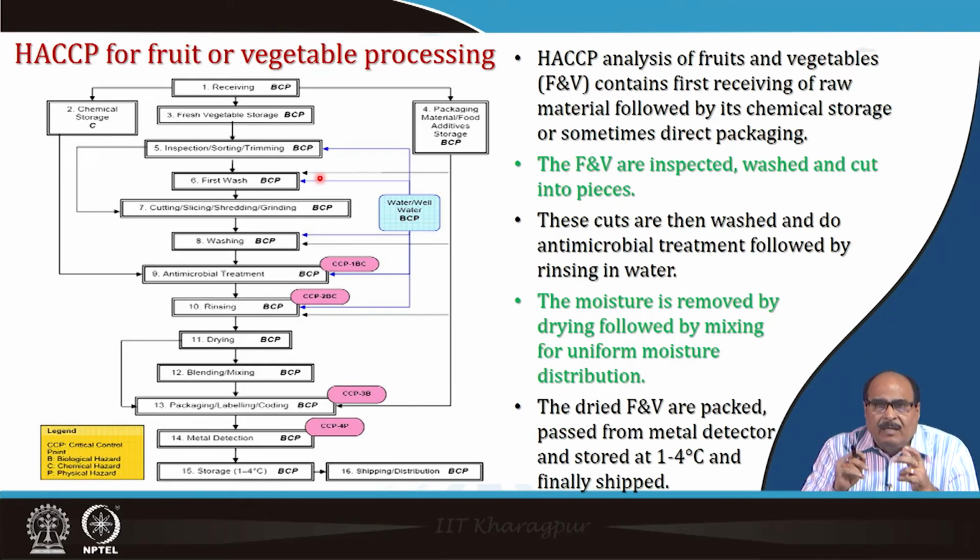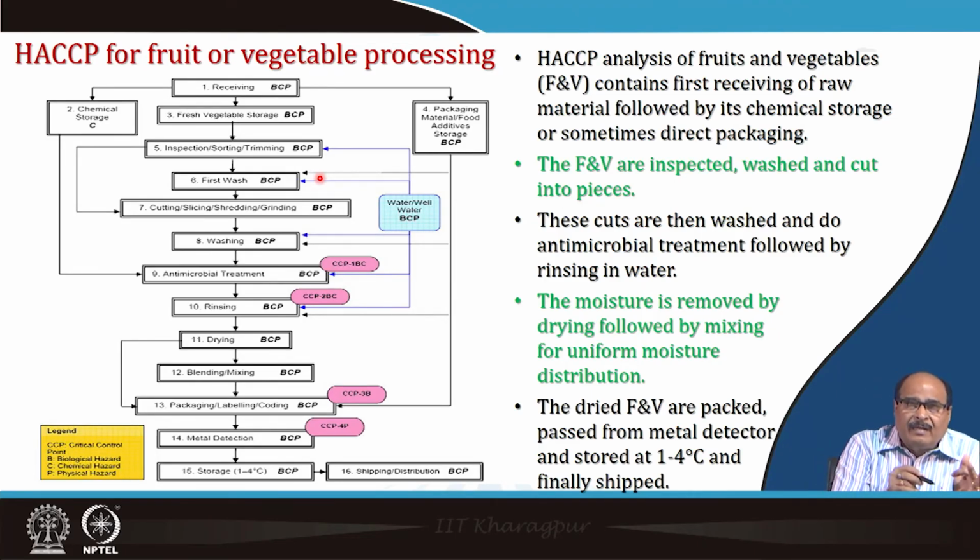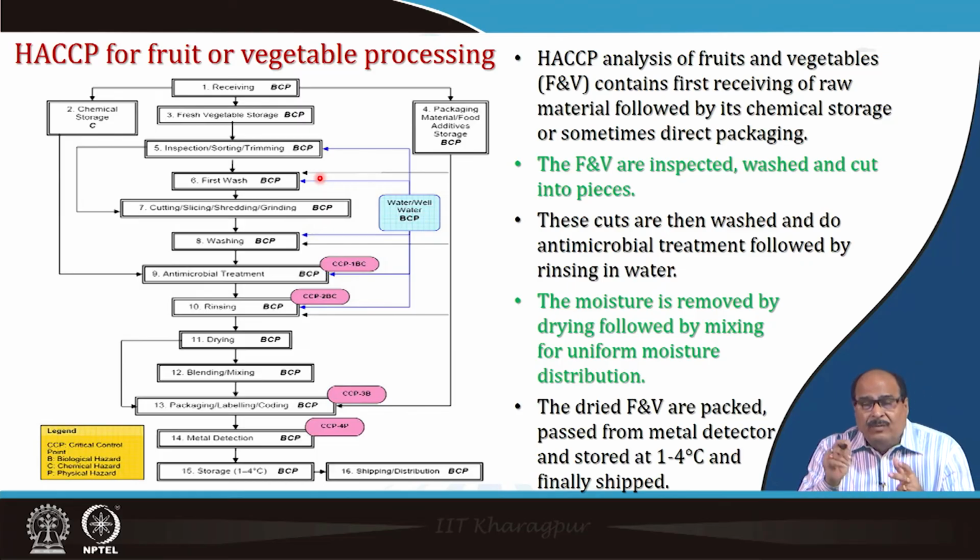So, HACCP analysis of fruits and vegetables contains first receiving of the raw material, followed by storage, or sometimes even direct packaging. So, they are inspected, washed, cut into pieces, and finally moisture is removed, followed by mixing, etc. At each and every stage, appropriate measures should be taken to check the hazards.